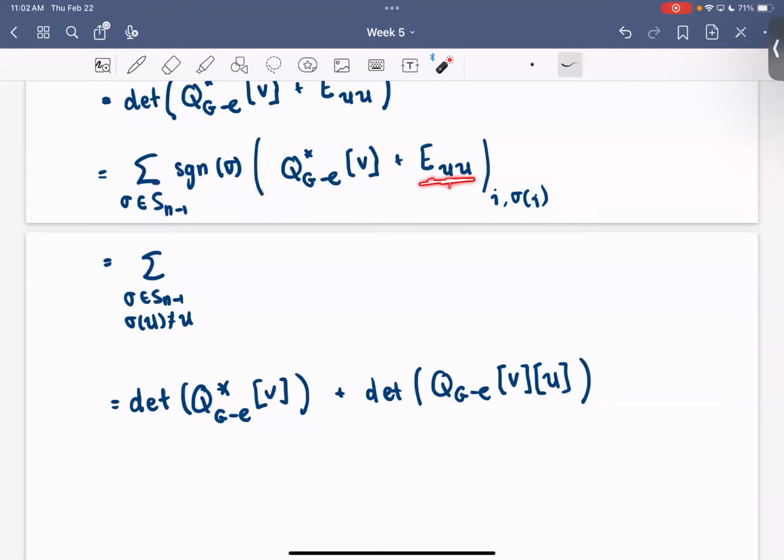So we'll just have sgn sigma of Q^T G minus E star of V plus 0.